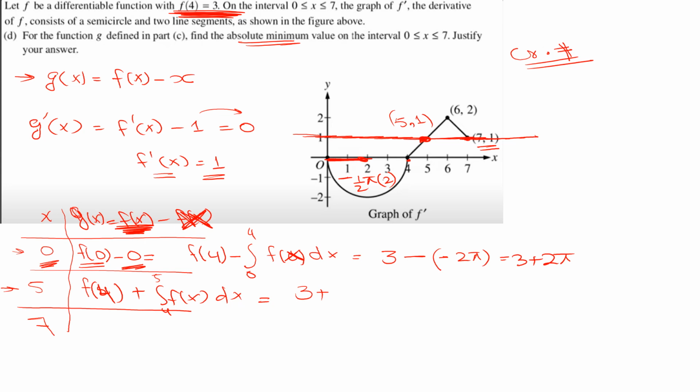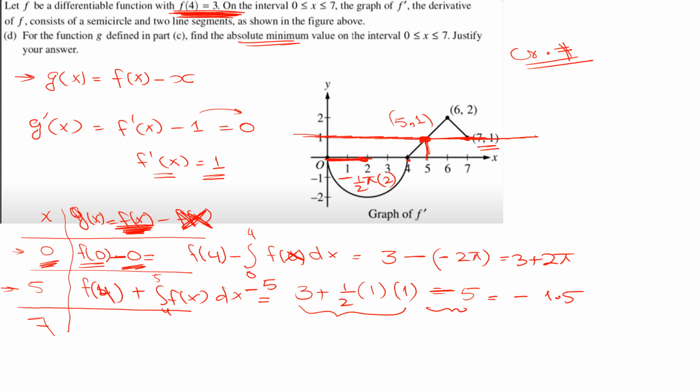And from 4 to 5 we saw already that it is a triangle, and the formula of the triangle is half BH, where the base is 1 box and the height is 1 box. So it was plus minus x, right? X is 5, so minus 5. We already calculated 3.5 minus 5 gives minus 1.5.